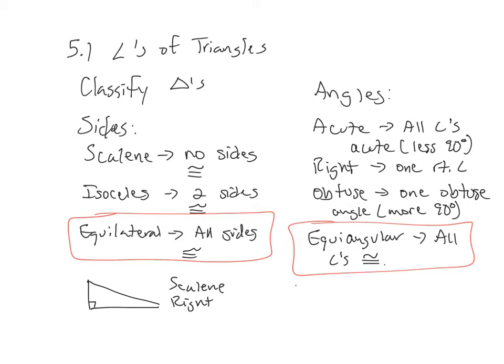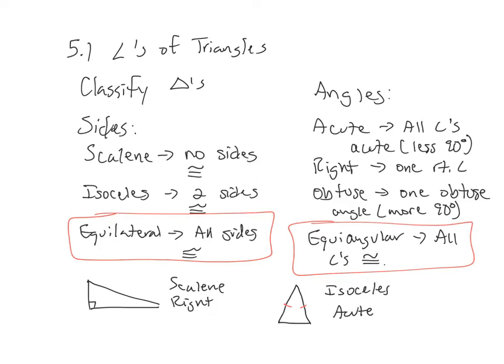If you had that one, this would be an isosceles acute triangle, because two of the sides are congruent, and all those angles are less than 90.